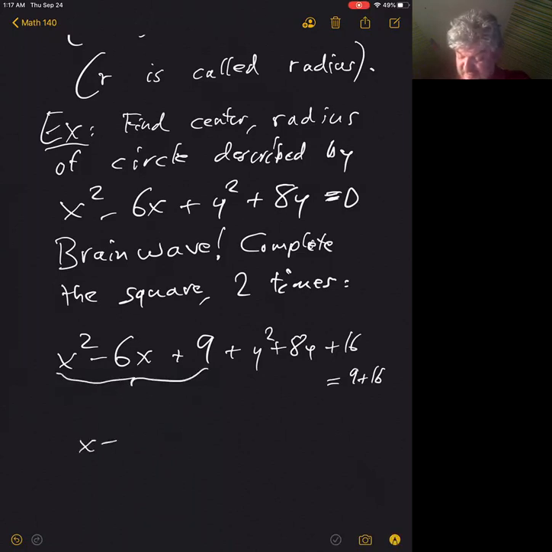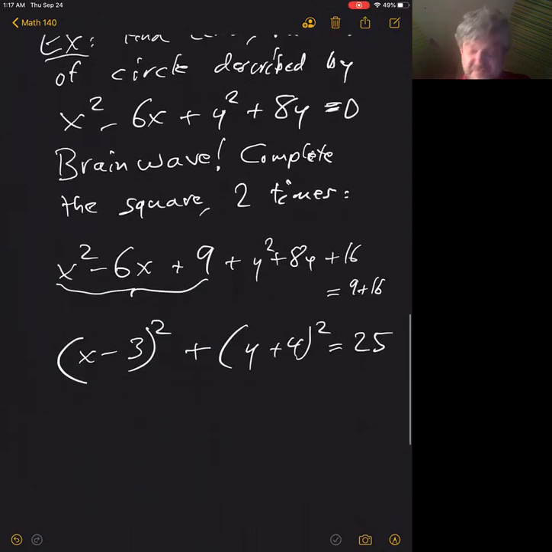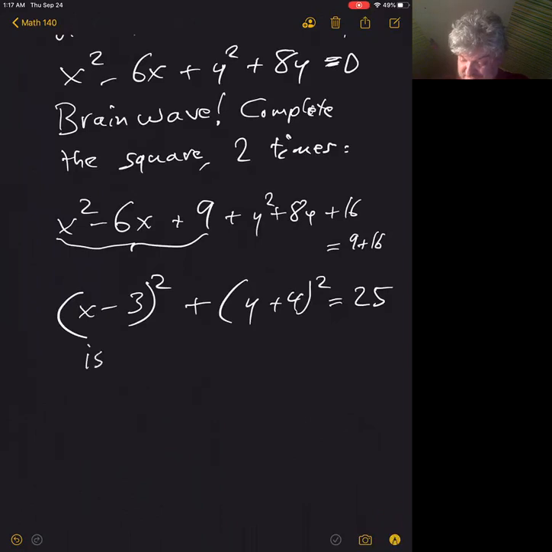And now we've got it in manageable form. The first thing is (x − 3) quantity squared, and the second one is (y + 4) quantity squared, and on the right, we have a 25. Now it's in standard form, and you can just read off the center.